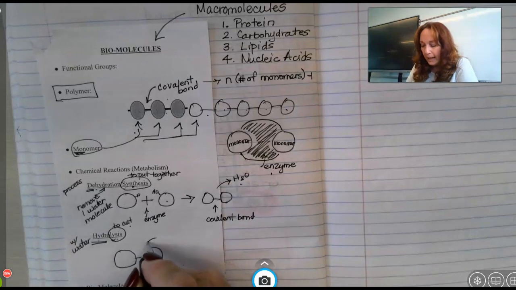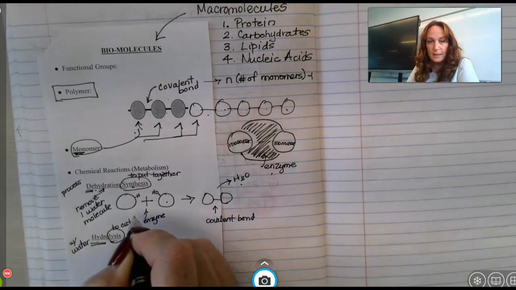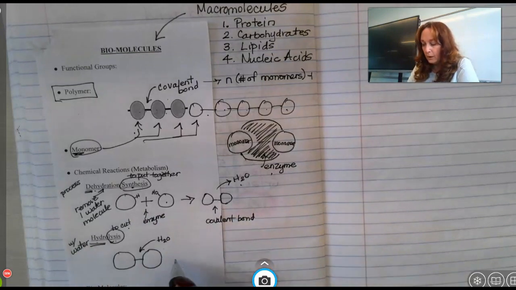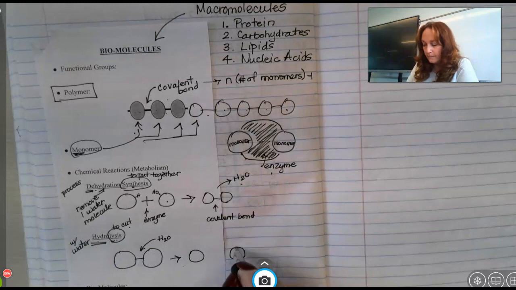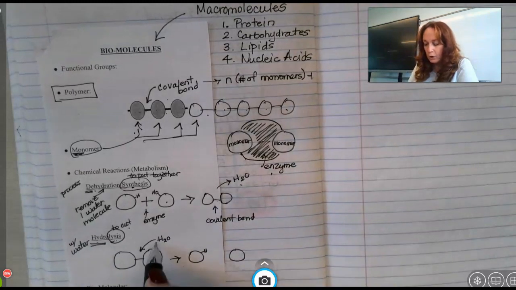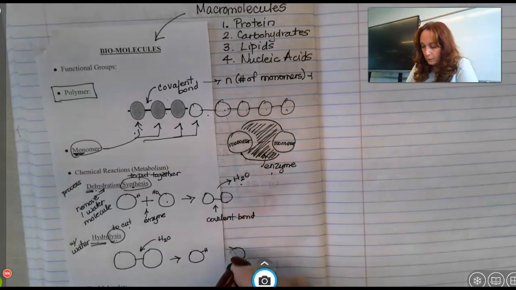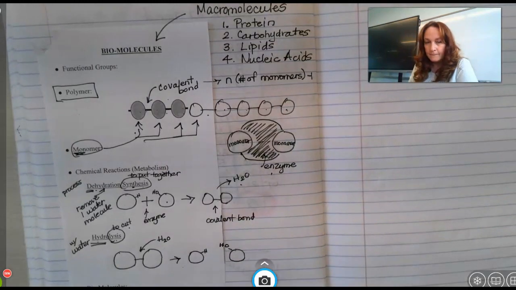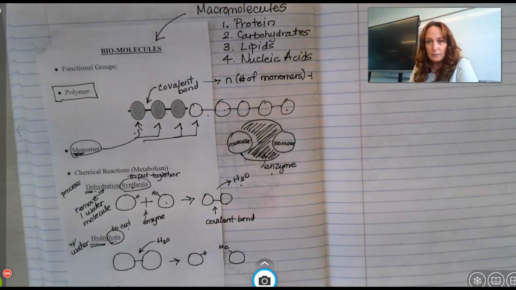If we add water back, just the reverse of this, then you can have your monomers. You let that hydrogen go back and the hydroxyl go back, and you now have your monomers separated.